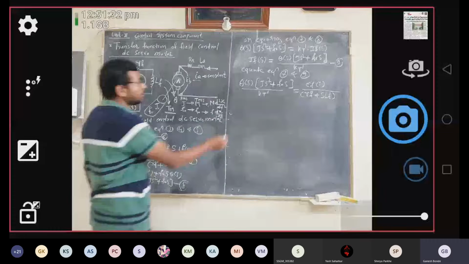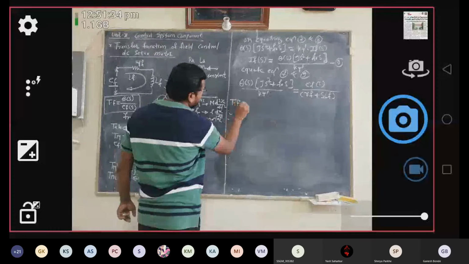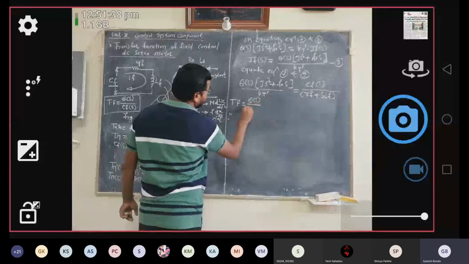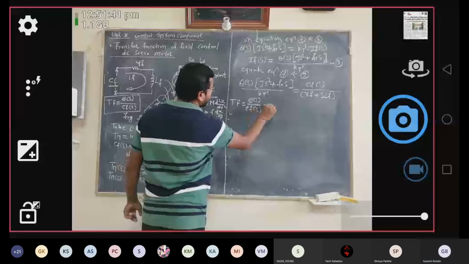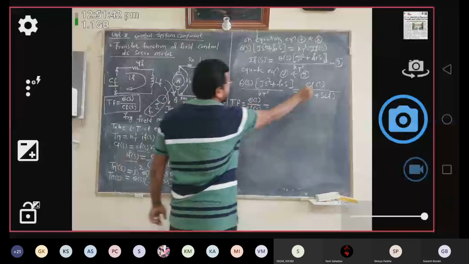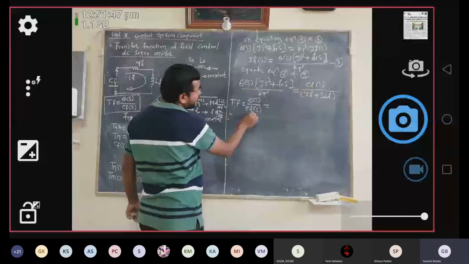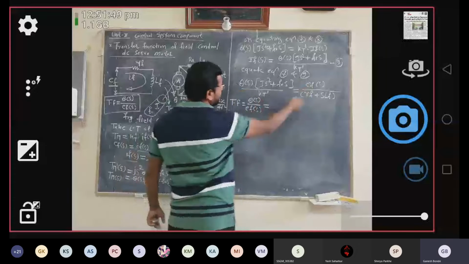So what is the transfer function? That is theta of s upon E f of s. Theta of s upon E f of s, the Kt dash will go to the top, and this will go to the denominator.